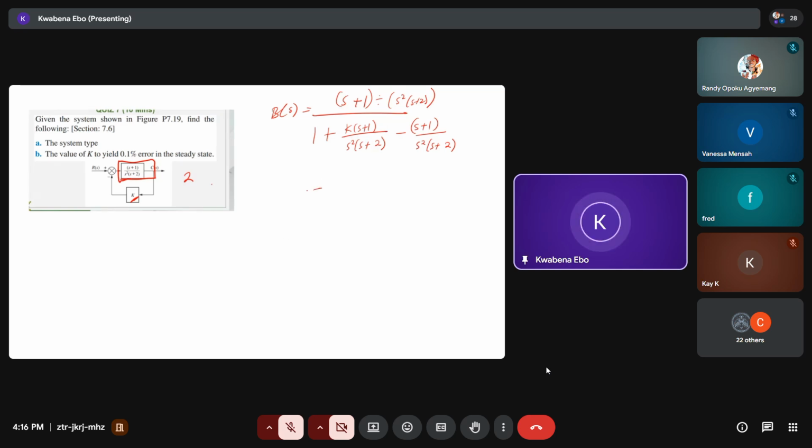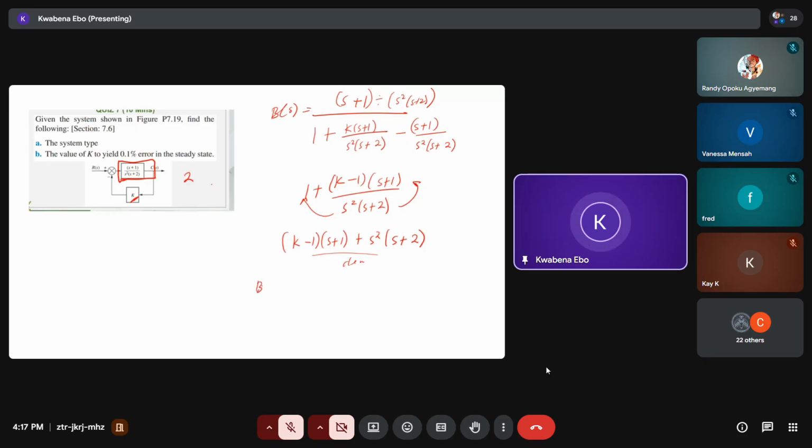When you simplify this, I'm just doing it with the denominator: 1 plus K minus 1 multiplying S plus 1 over S squared S plus 2. S plus 2 comes here. If I multiply this, it will be K minus 1 S plus 1 plus S squared S plus 2, all over the denominator.